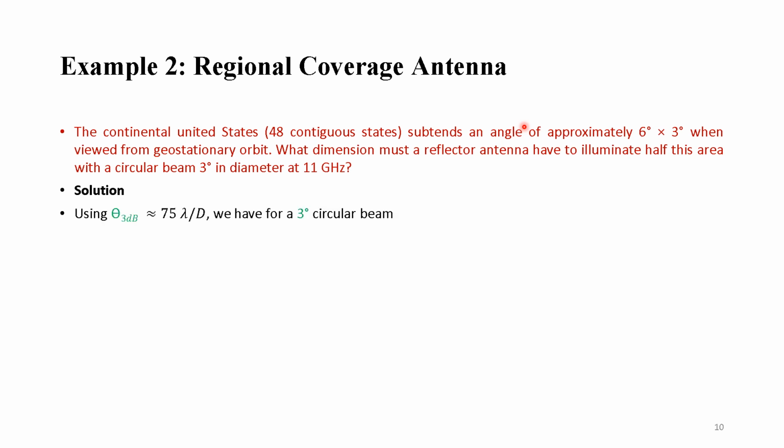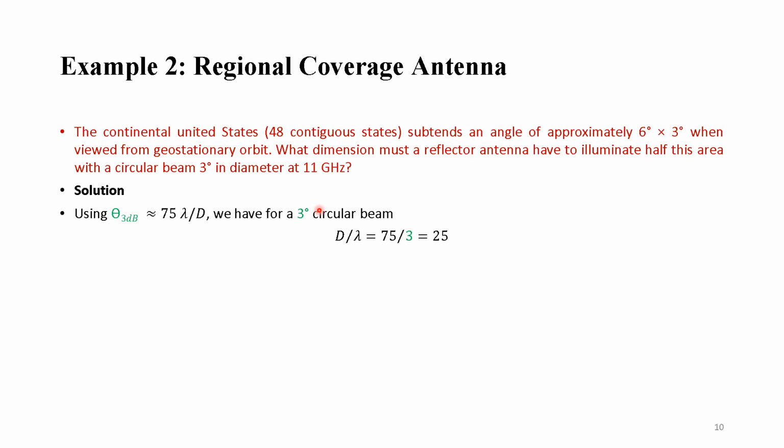So now we need to use the equation. We are given the frequency, so we can find lambda. We are given the coverage, which is 3 degrees, and we would like to find the required design.